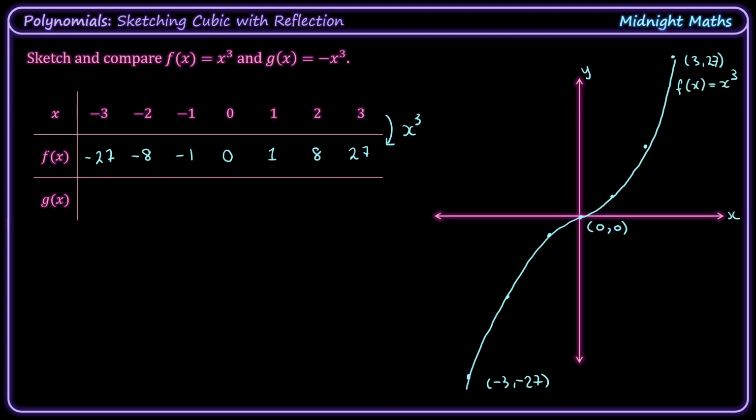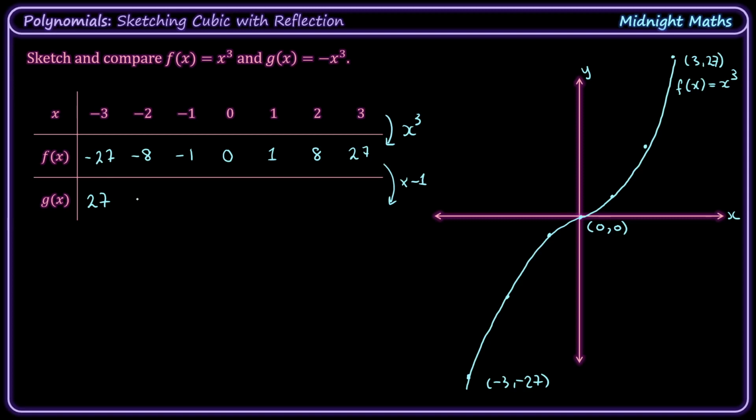All right, now let's work through the reflected version. You'll notice that the only difference between f and g is that there's this negative in front of the x cubed. So to get from the f values to the g values, all you have to do is multiply by negative 1. Negative 27 times negative 1 cancels out the negative and leaves positive 27.